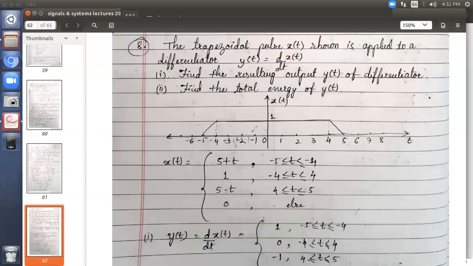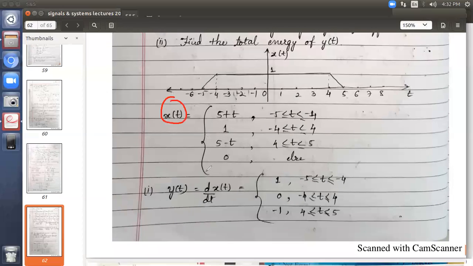What we have to do? Simply take x of t and differentiate it. So if you differentiate 5 plus t, what will happen? Differentiation of a constant is 0, plus differentiation of t with respect to t, which is equal to 1. 0 plus 1, you will get 1.